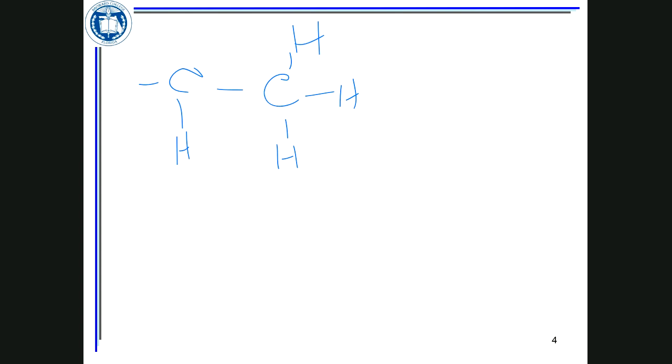Carbon is tetravalent. 1 bond is satisfied with another carbon, and 3 bonds are satisfied with hydrogens. So we have 4 electron domains, 4 single bonds. We talked about counting the domains or electron groups. A single bond counts as 1 electron domain. So we have 1, 2, 3, and 4 single bonds, so we have 4 electron groups here.